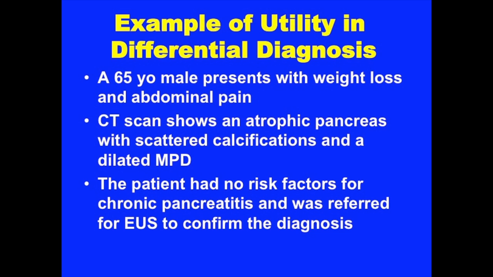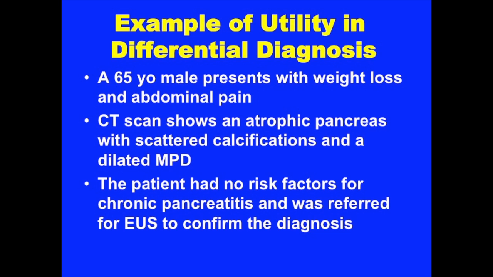Let me give you an example that we saw 2 weeks ago. This was a 65-year-old male who presents with weight loss and abdominal pain. A CT scan shows an atrophic pancreas with scattered calcifications and a dilated main pancreatic duct. But these calcifications were tiny. They were actually on the outer contour of the pancreas in the body and tail.